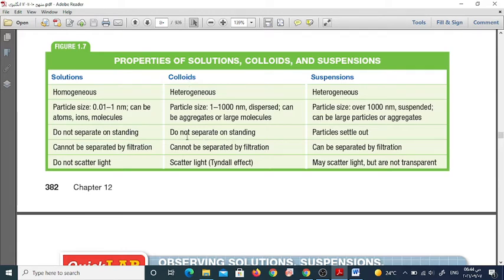Colloids you cannot separate easily, while suspensions we can separate easily by filtration, or they will settle down after time. A solution is homogeneous, and the particle size is very small, less than 1 nanometer. That includes atoms, ions, or molecules. We cannot separate them, and they do not scatter the light either.